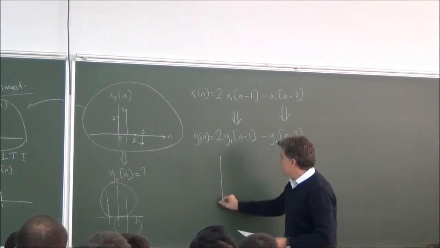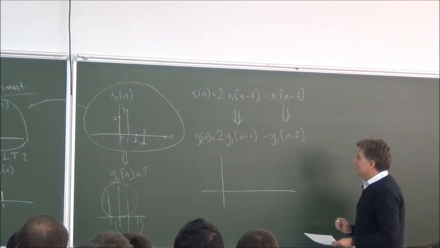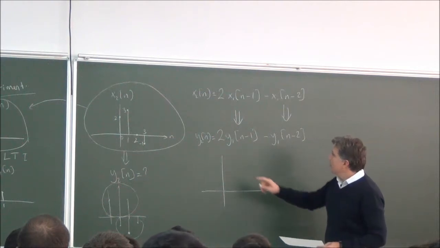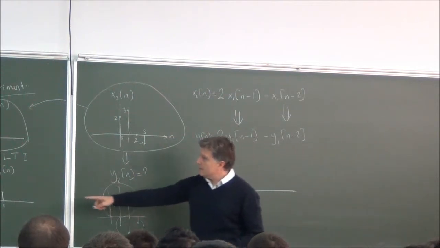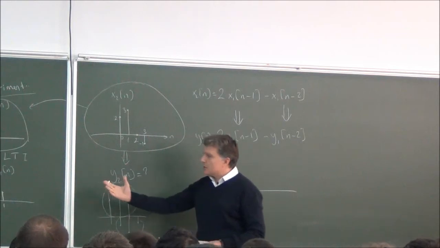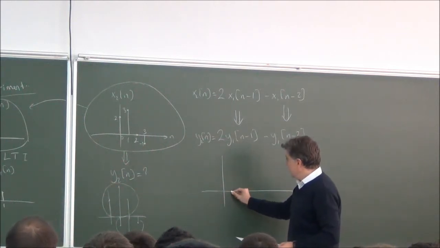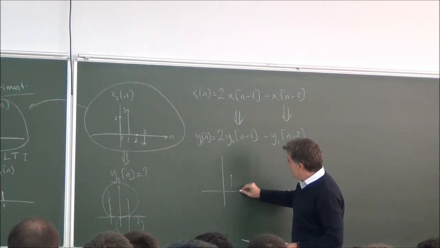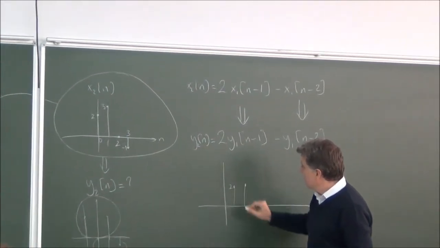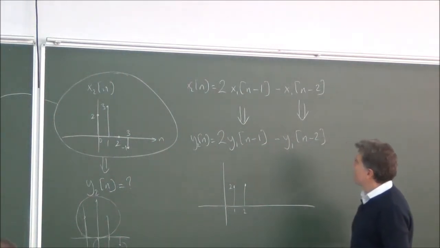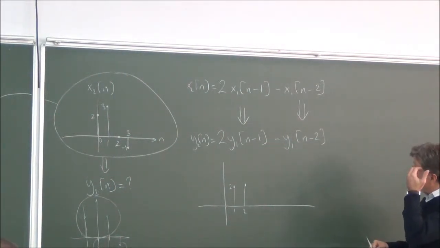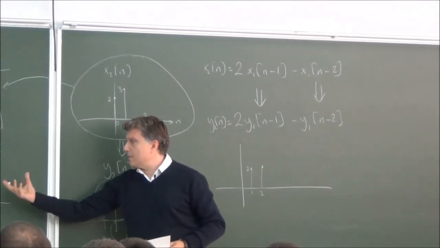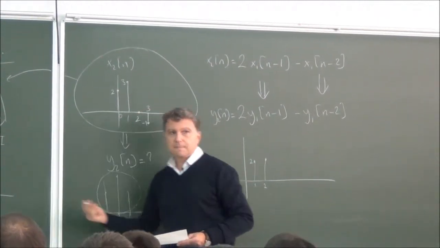And what does it make? Let's use some colors, but we don't have many colors. So anyway, y1 of n was this 1, 1. y1 of n minus 1 is one shifted towards right. It starts from here, and it is scaled by 2, so it is 2 and 2 at 1 and 2, and minus y1 n minus 2. y1 n is this one, y1 n minus 2 is 2 shifted towards right.